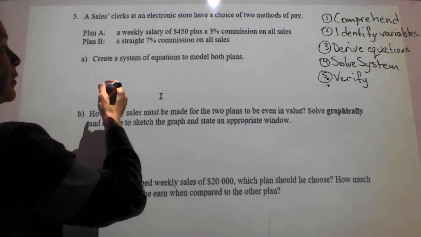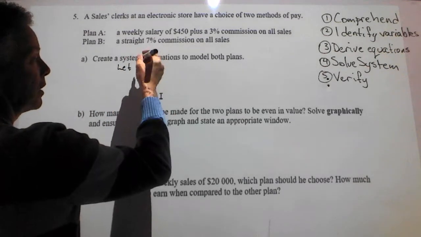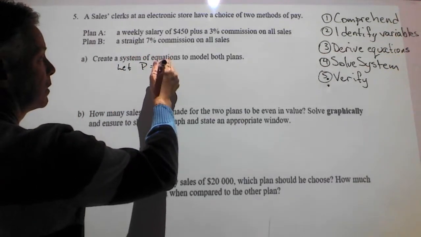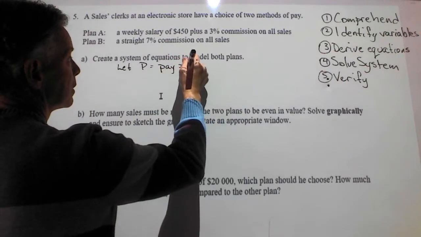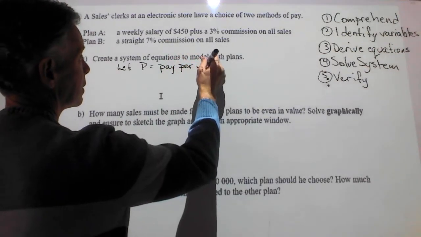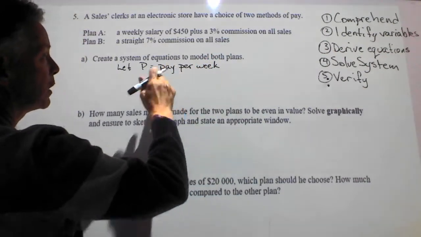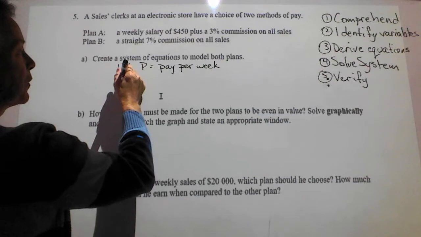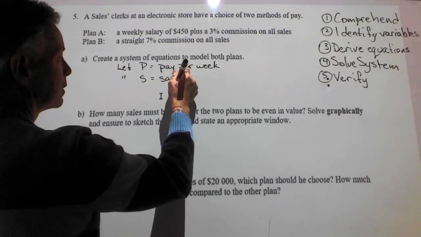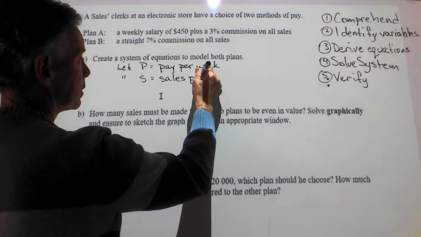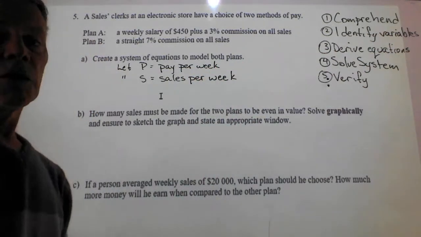So, let P equal pay per week. Notice you want to identify your variable clearly. And we'll say let S equal sales per week. So we've clearly identified our variables.